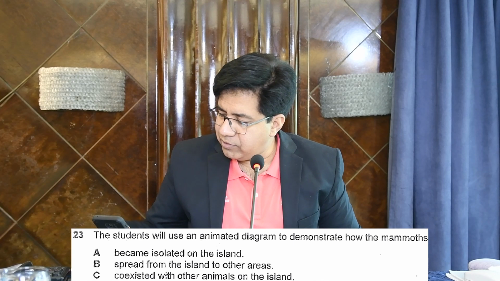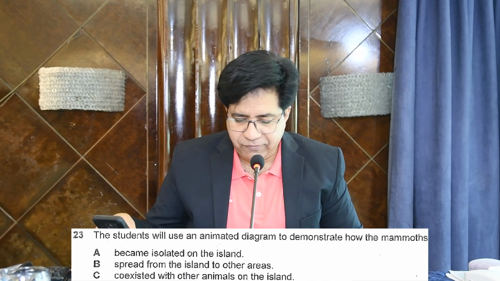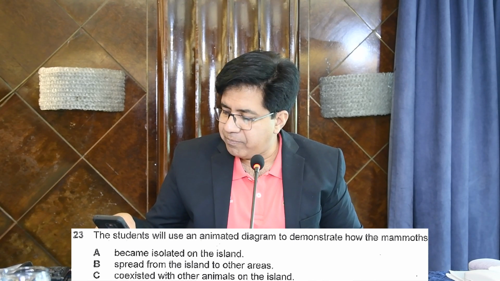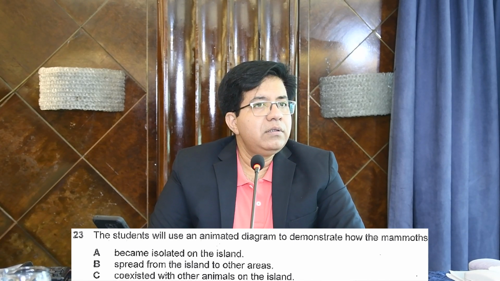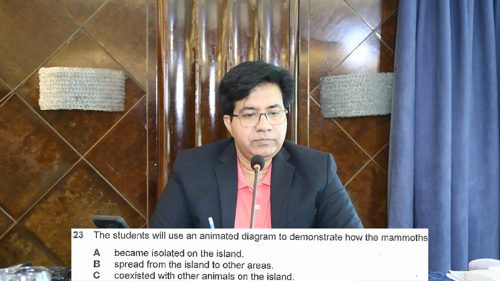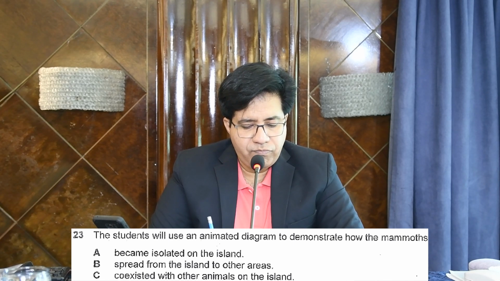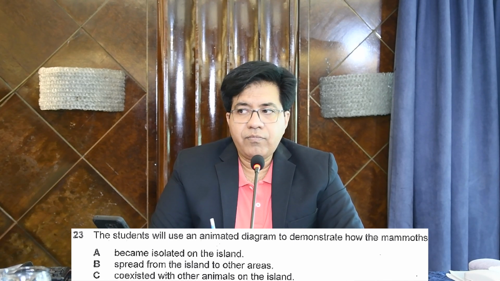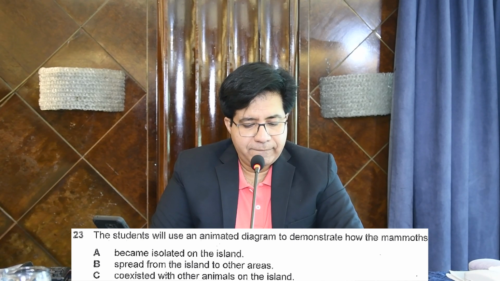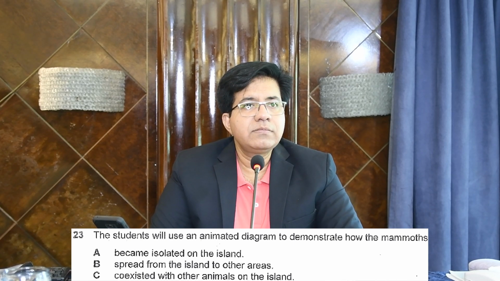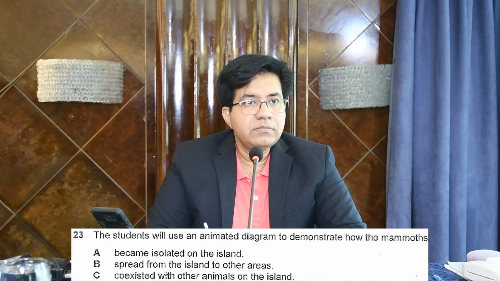Then we're making an animated diagram to show the geography of the area in prehistoric times. So, originally, St. Paul's Island wasn't an island. It was connected to the mainland, and mammoths and other animals, like bears, were able to roam around the whole area.